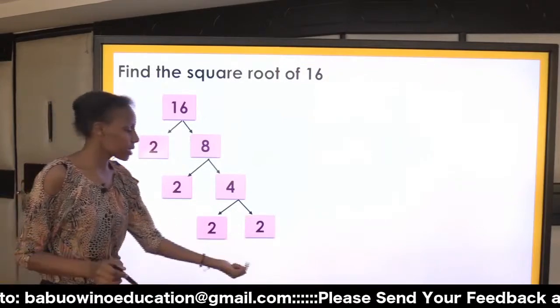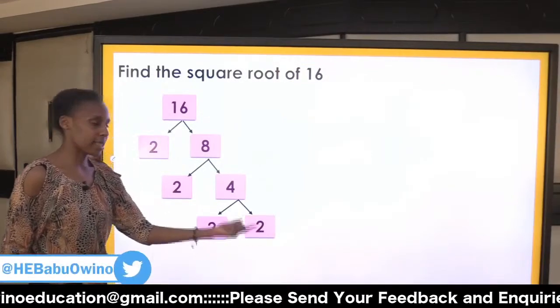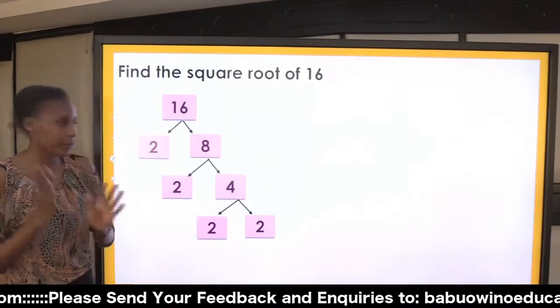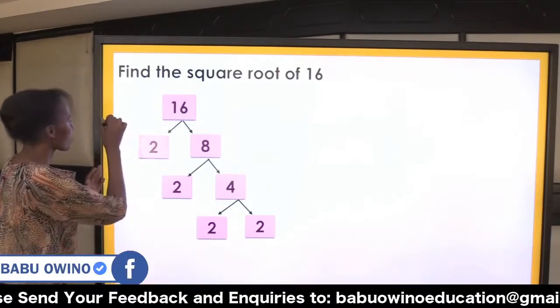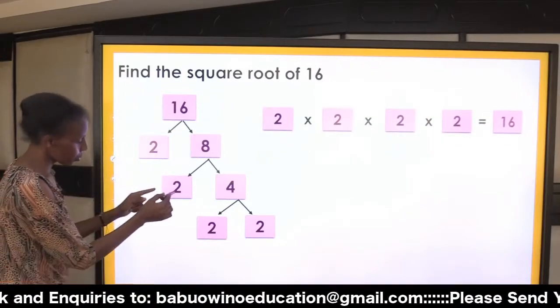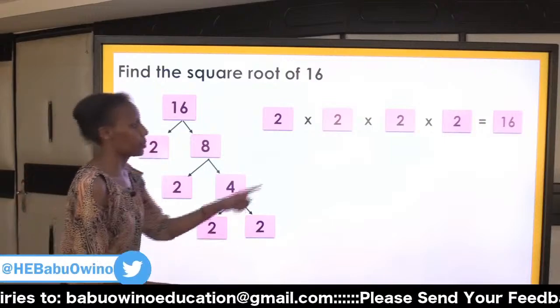So once I reach the smallest prime number that I can ever get in that number, I stop there. I don't have to divide further. So now I express my 16 as 2 times 2 times 2 times 2.